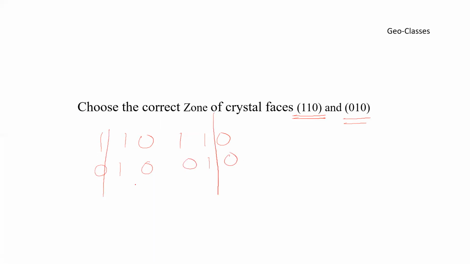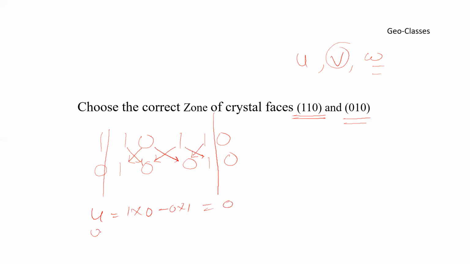Now let's say the zone indices are U, V and W. So U will be this multiplied by minus this, this multiplied by minus this will be for V, and this multiplied by minus this will be for W. So U is equal to 1 multiplied by 0 minus 0 multiplied by 1, which is equal to 0.